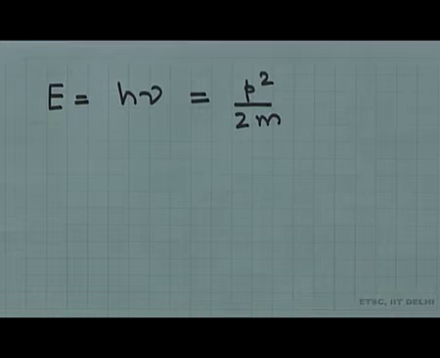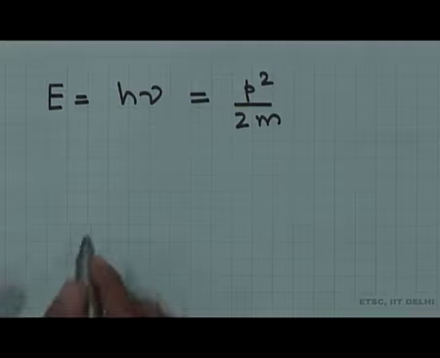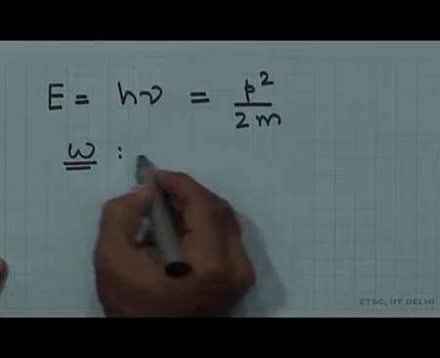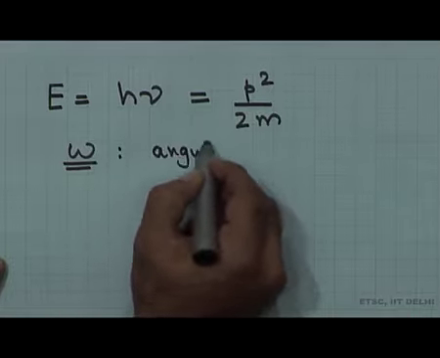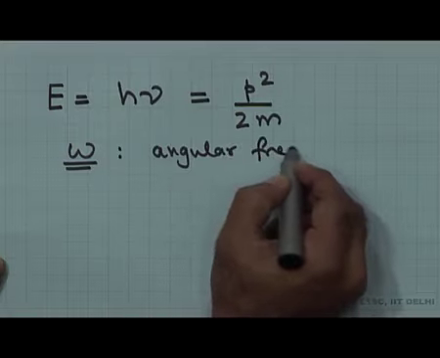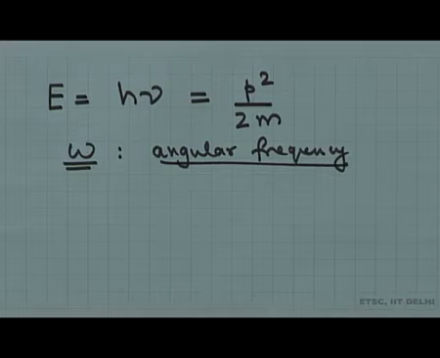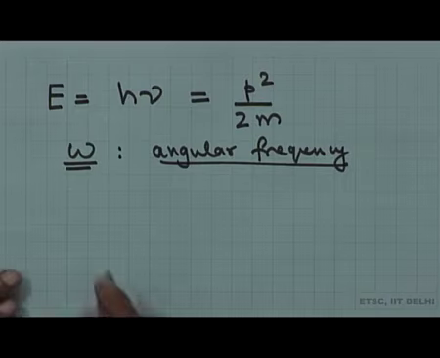It turns out that when people write down the relation between the frequency and the wavelength, it is customary not to employ this frequency or the wavelength, but to employ a different frequency which you are all familiar with, and that is angular frequency. In a similar manner, for the counterpart of the wavelength, people do not employ wavelength.